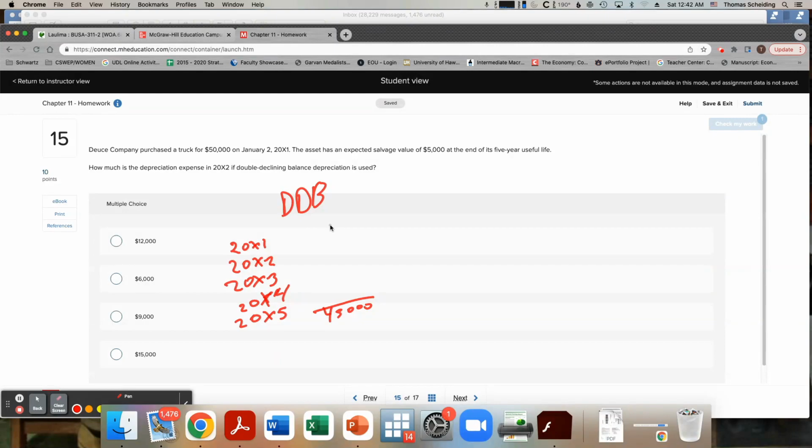It just wants it for 20x2. I'm not sure why I'm going through this much detail here. So 45. Sorry, I'm just doing the math here in my head. 32, 39, 5.